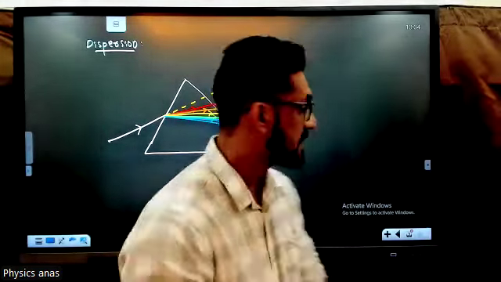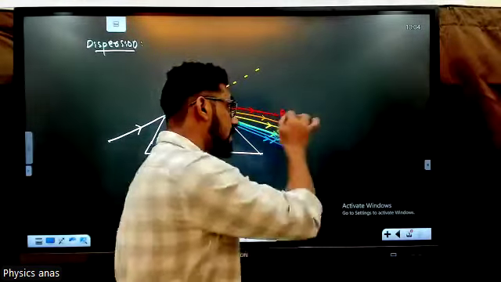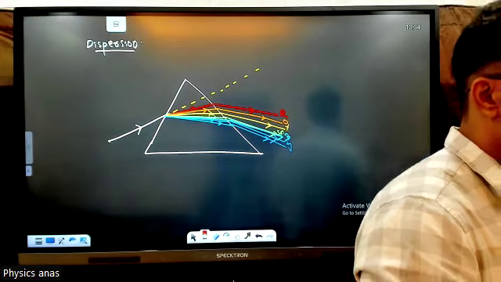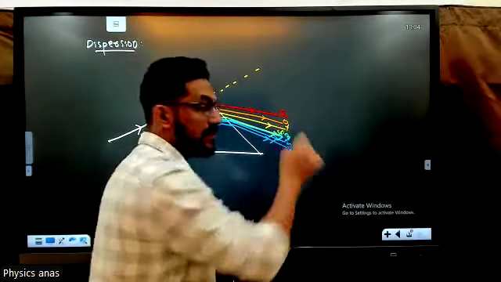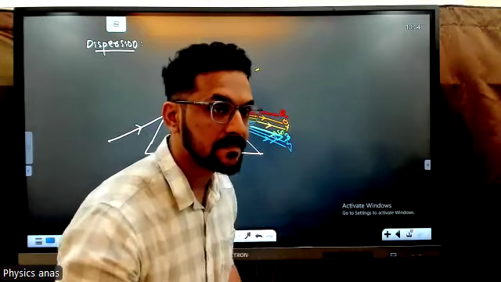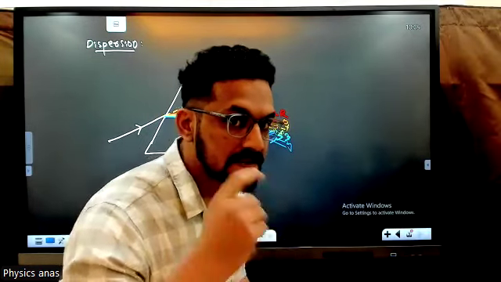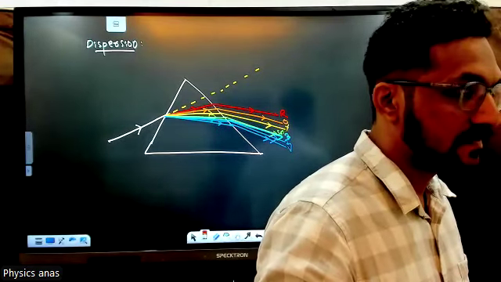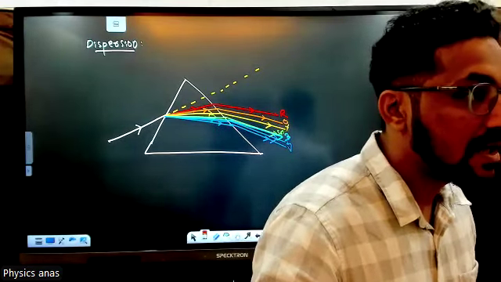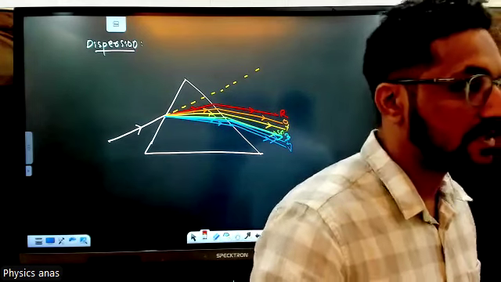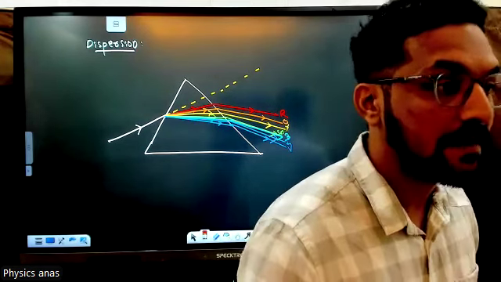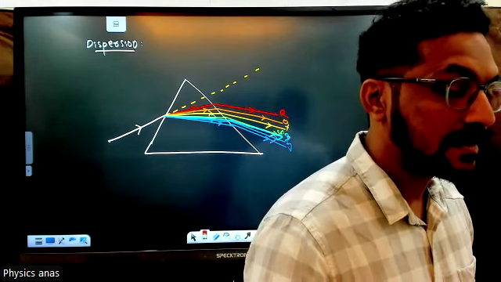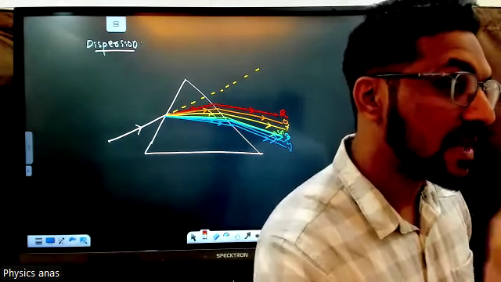The speed of red and the speed of orange inside the prism will be different. The speed of each color will be different, so the angle of each will also be different. That's why dispersion happens. They are coming out of the prism at different times actually.